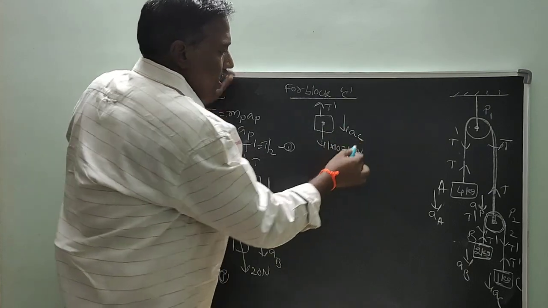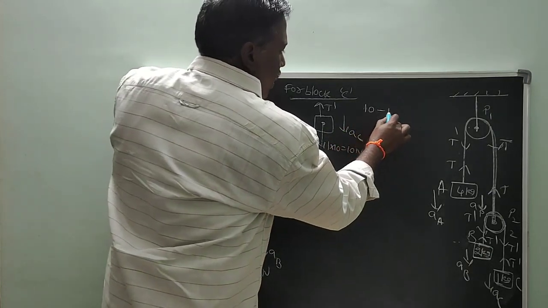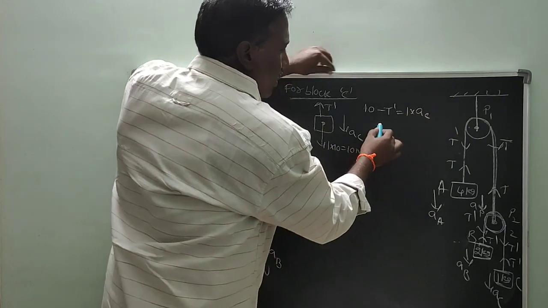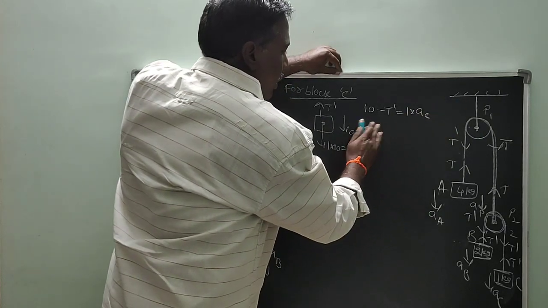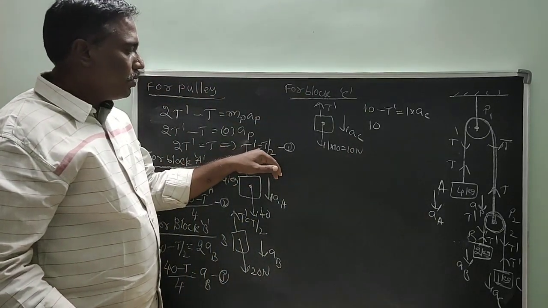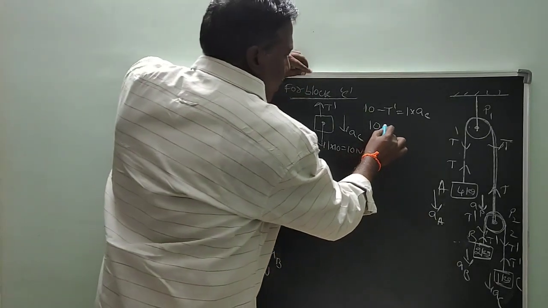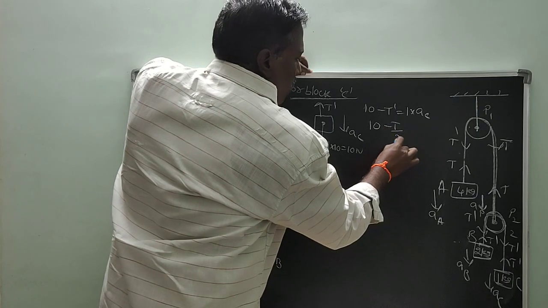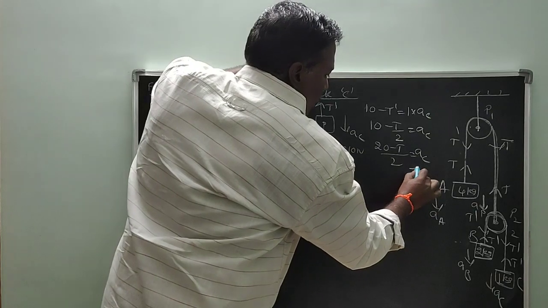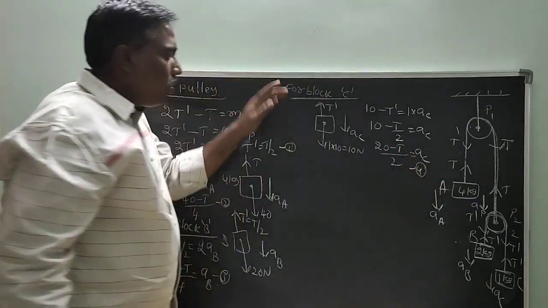So 10 minus T dash is equal to 1 times AC. T dash is equal to T by 2, so 10 minus T by 2 is equal to AC. This is equation 3.